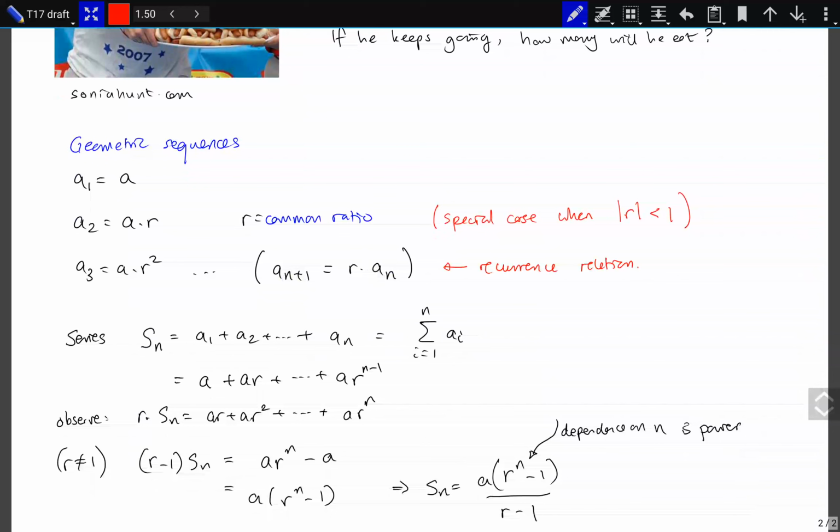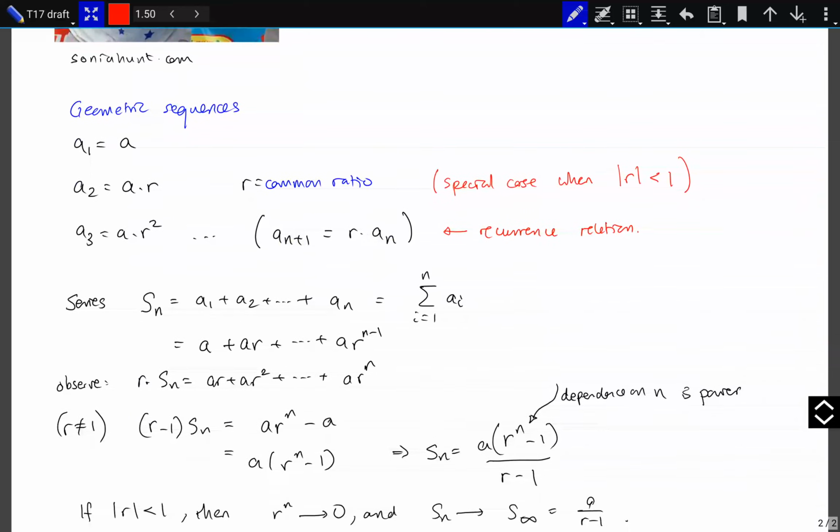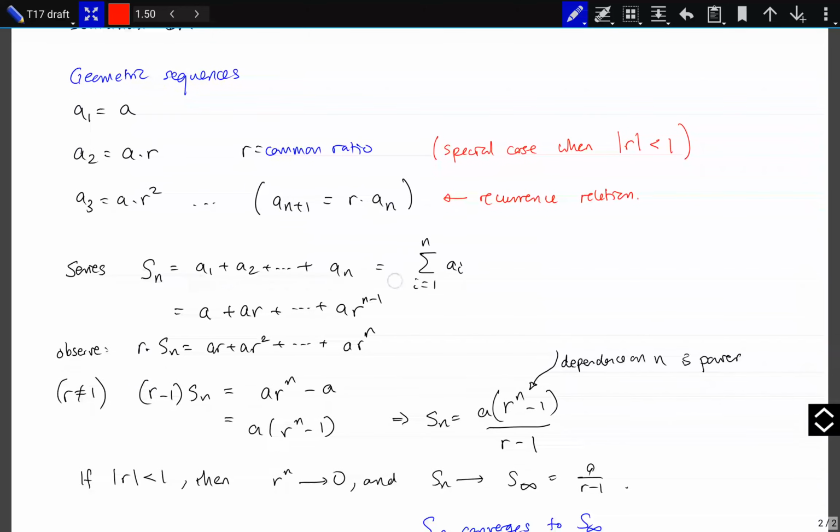Similar to earlier, we talk about the series. This is the sum of the first n terms, and it's just the first term plus the second term plus all the way up to the nth term. Observe that if I multiply both sides by r, I get a similar looking equation, but the first term starts with ar, and the last one is ar to the n.